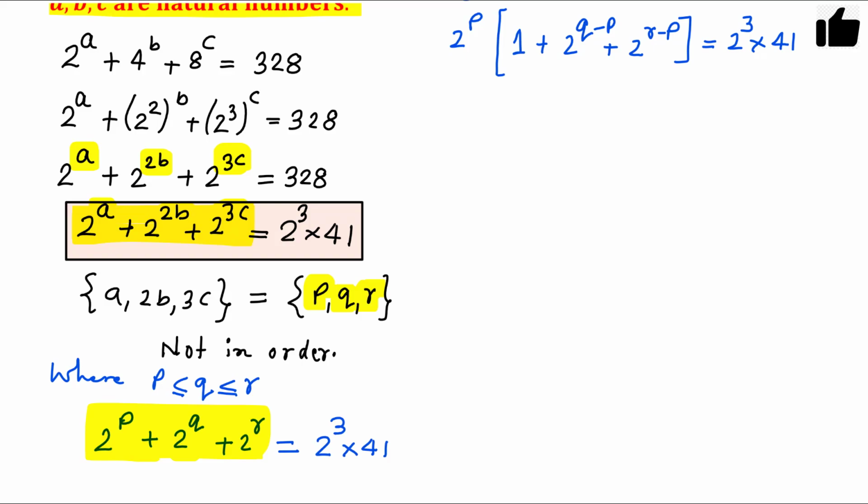Now see, this is an even number and this is an odd number, because 2 raised to the power something plus 1 will be an odd number. So I can associate 2 raised to the power p with 2 raised to the power 3, because this is the even number and 41 is an odd number. So I can conclude that p equals 3.